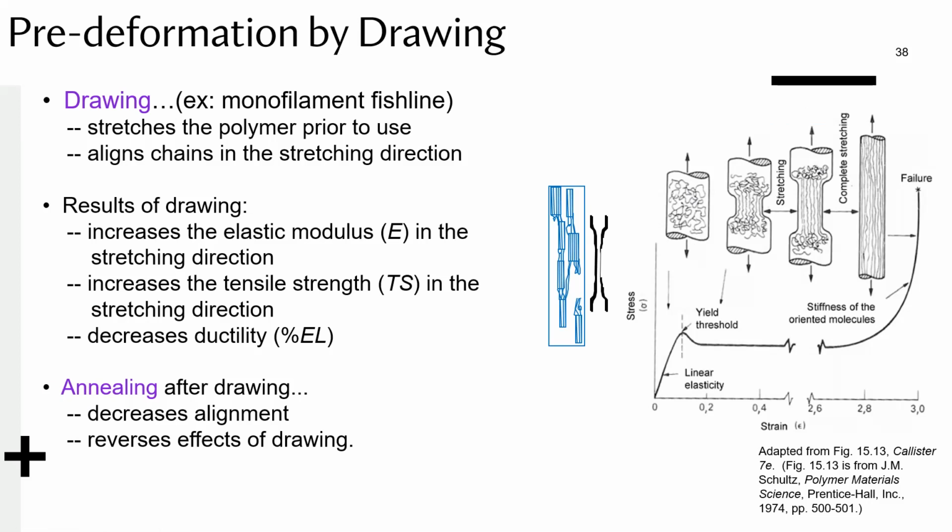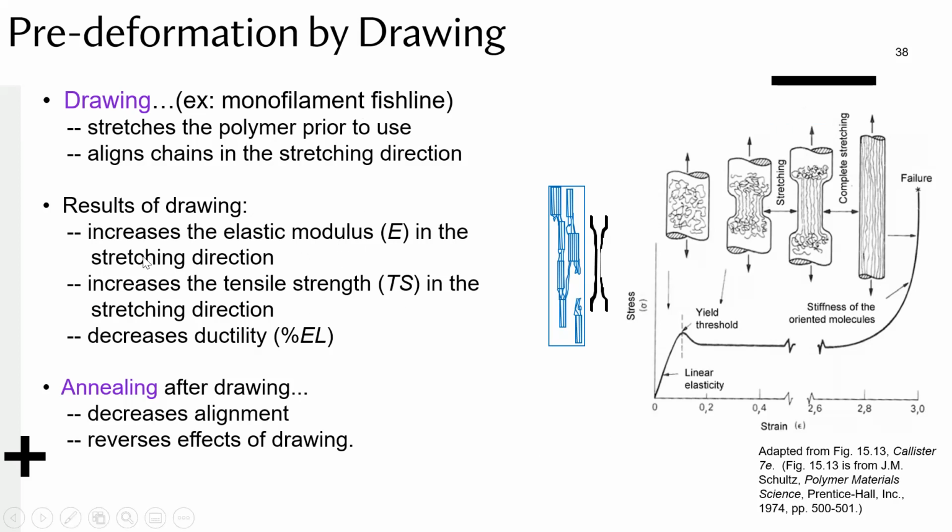So if you utilize that to plastically induce a better mechanical property, that would be called drawing. When you draw a piece of plastic, it means you stretch it until it becomes, you know, the monofilament fishing lines. It's such a thin strand that it's actually been stretched to a point where all of those chains have aligned into this really thin fishing line. And so that gives it the strength, the elastic modulus that it has.